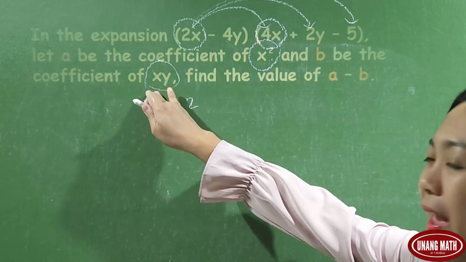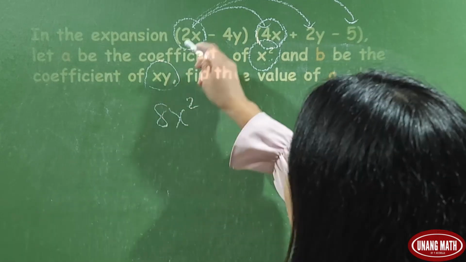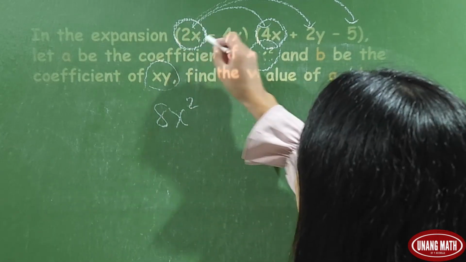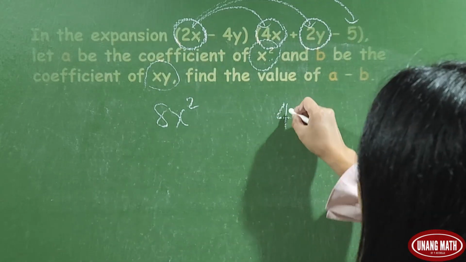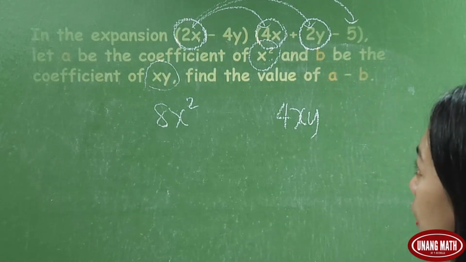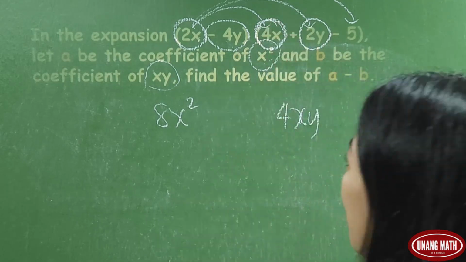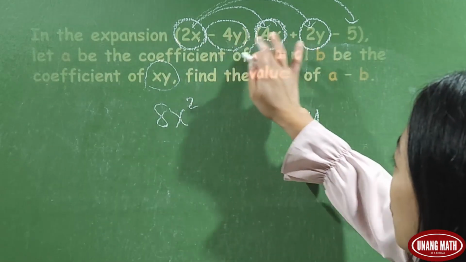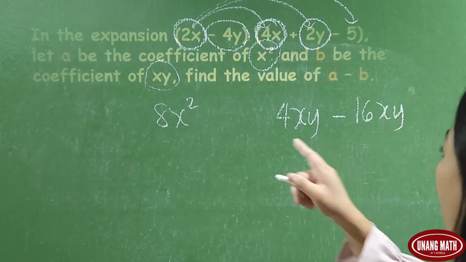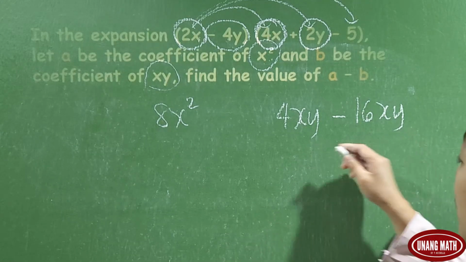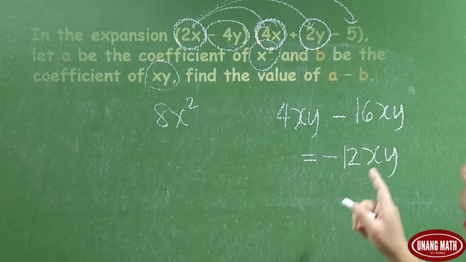To find the coefficient of xy, the terms that we need to multiply are 2x and 2y, so that would be 4xy. Also, this negative 4y and this term 4x. If we multiply these two terms together, that would be negative 16xy. If we simplify these like terms, this is equal to negative 12xy.